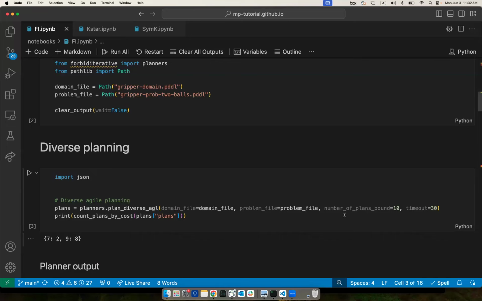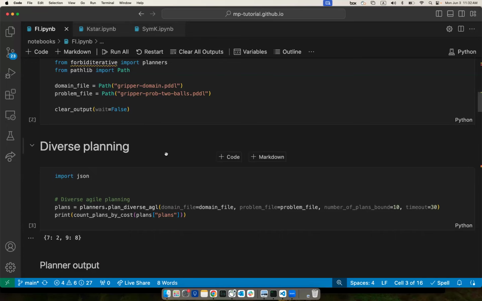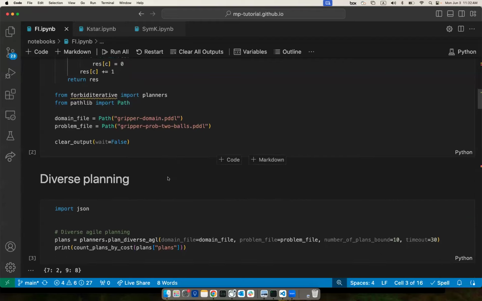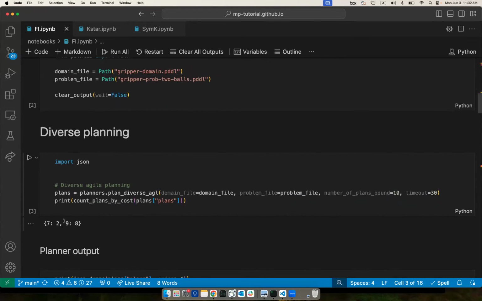So I guess the number of plan bound means we want at most K plans. Okay, that's the K. And then the function we've seen before shows that we found 2 plans of cost 7 and 8 plans of cost 9.